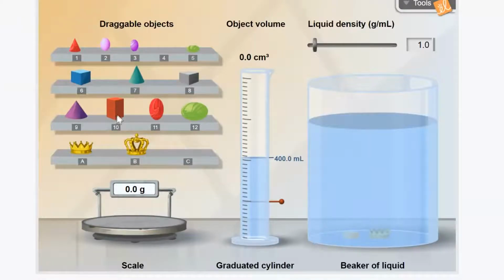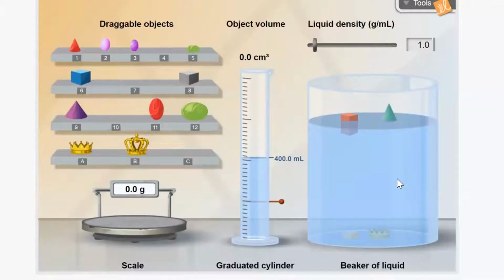But what if we take this rectangular solid? Well, it sinks a little bit, but it doesn't sink very far. It doesn't sink as far as the other objects do. It goes down a little bit and then something stops it. Or we can take this cone and it doesn't sink at all.